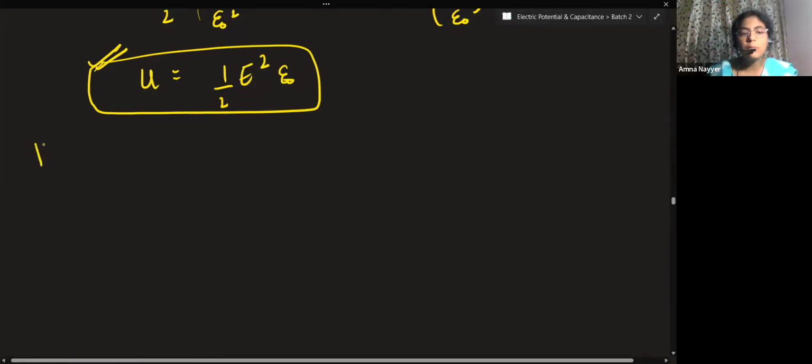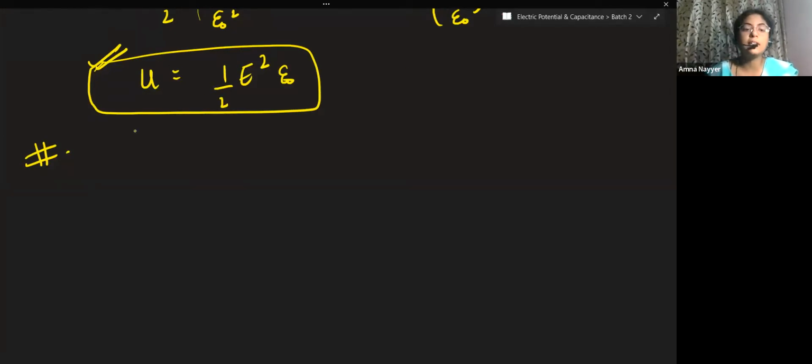And one more important result that is derived from this only, which comes in your examination, says that the energy density, the energy between the plates of capacitors, directly depends on what? It directly depends on the electric field.